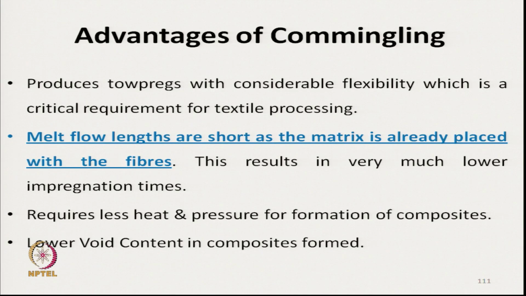The main advantages of commingling are that these towpregs which we produce are very flexible, which is required for textile conversion. For weaving, knitting we need flexibility.